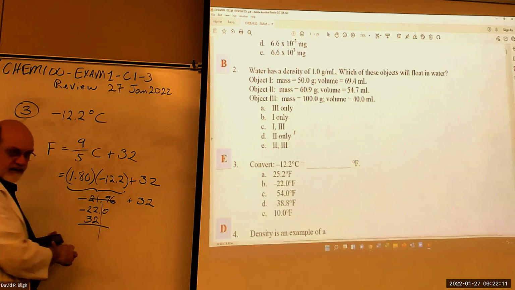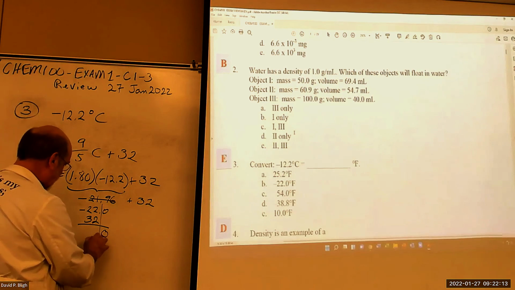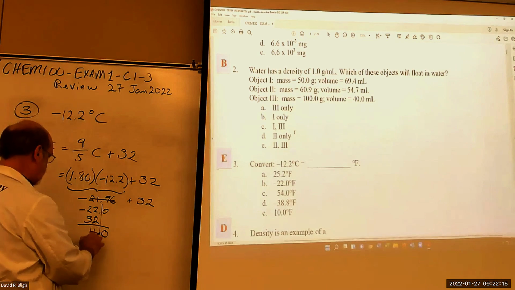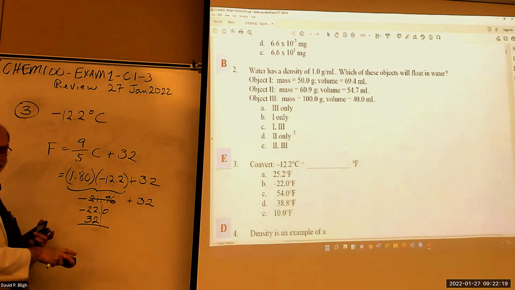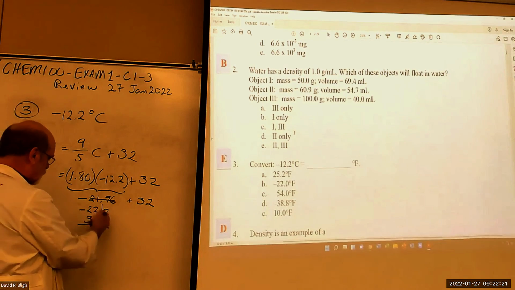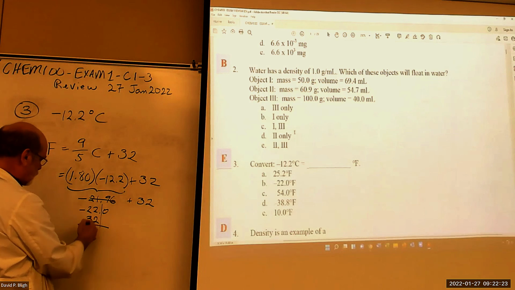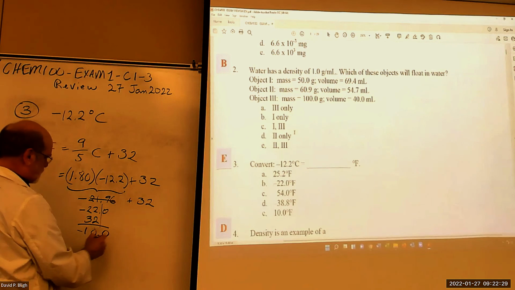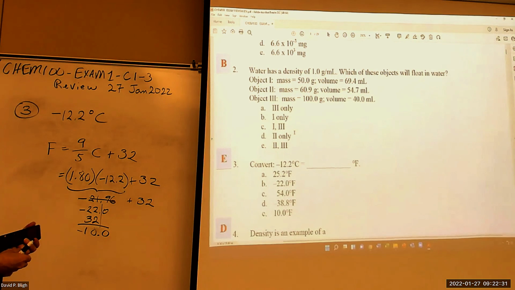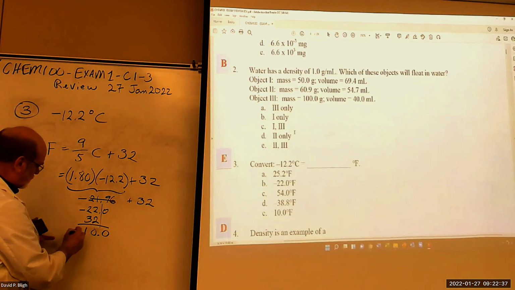We don't have to do that. Let's get the negative sign. 2 from 2 is 0, and 2 from 3 is 1. Minus 10, 0. Here we go. Whoa, plus, this is bigger than.